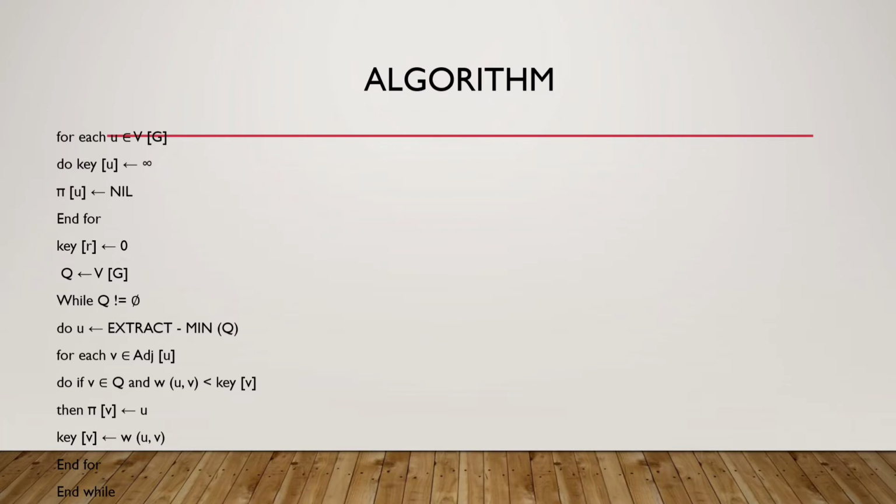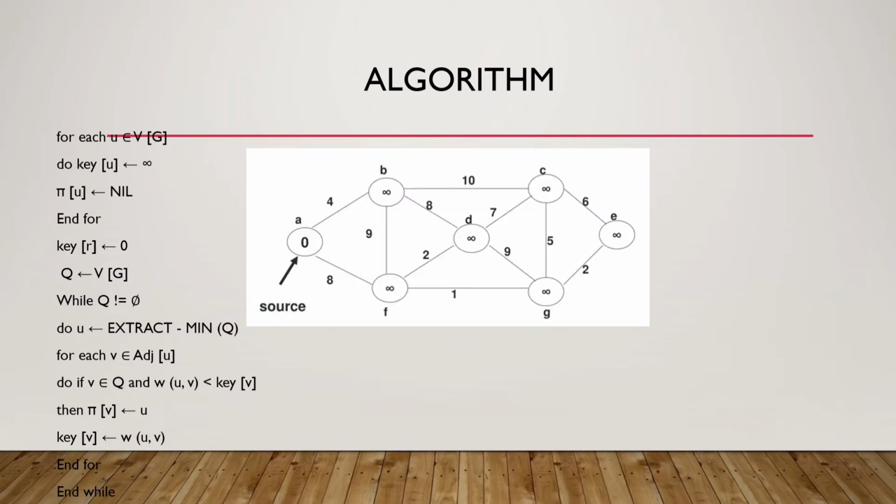The first step is: for each u belonging to V[G]. Here V is the vertex set and G is the graph, so for every u which belongs to the vertices of the graph. The second step is key[u] = infinity. We mark its weightage as infinity, like in this figure, where we have marked B as infinity.